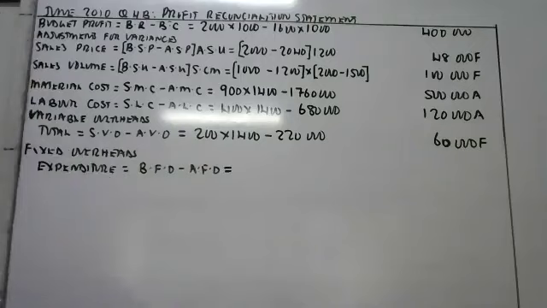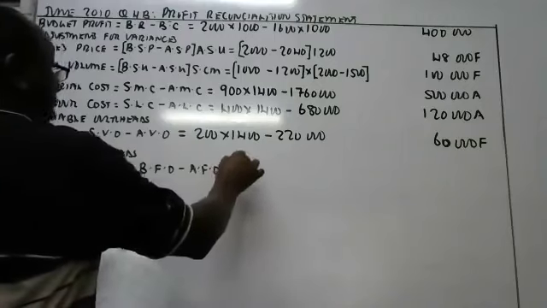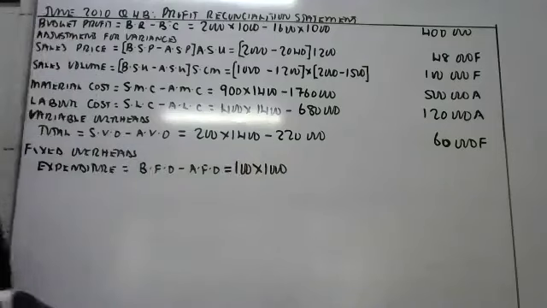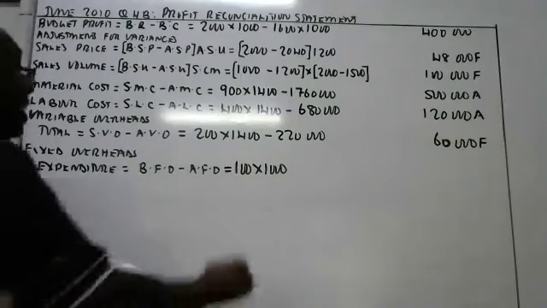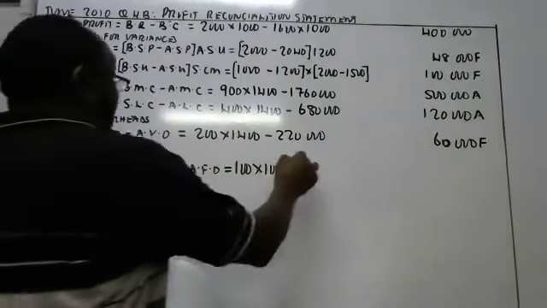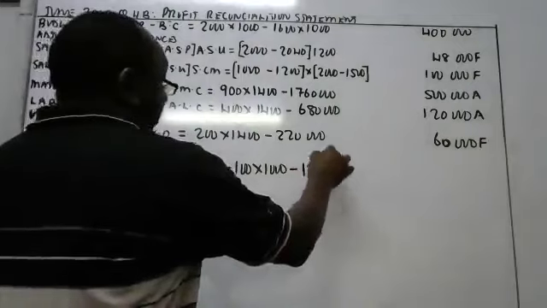So the budget is 100 up there. This 100 you multiply by the budget units, which one? 1,000 units. Then you minus the actual, which was 120.